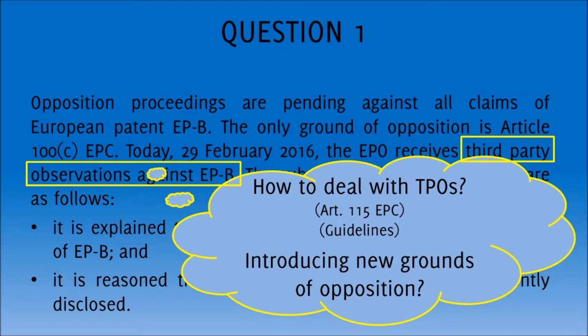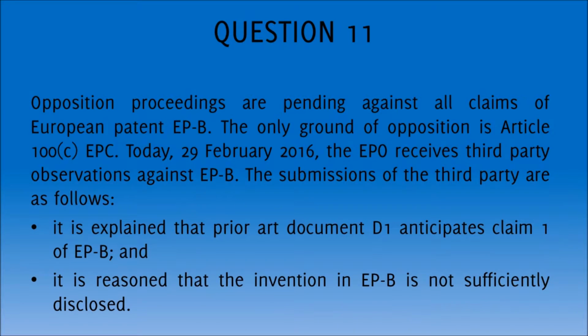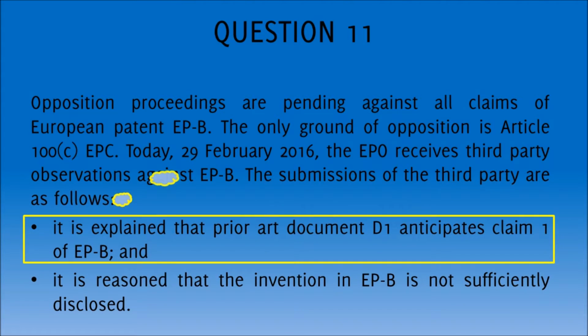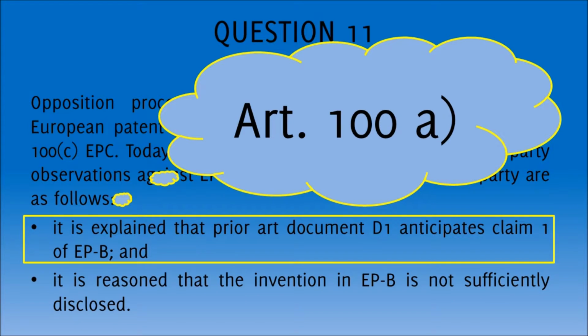Of course, you also can have a look at the guidelines, and you also at that stage might want to think about the difficulty of introducing new grounds of opposition, because the third-party observation obviously introduces new grounds of opposition. And here are the grounds highlighted. What are they actually?